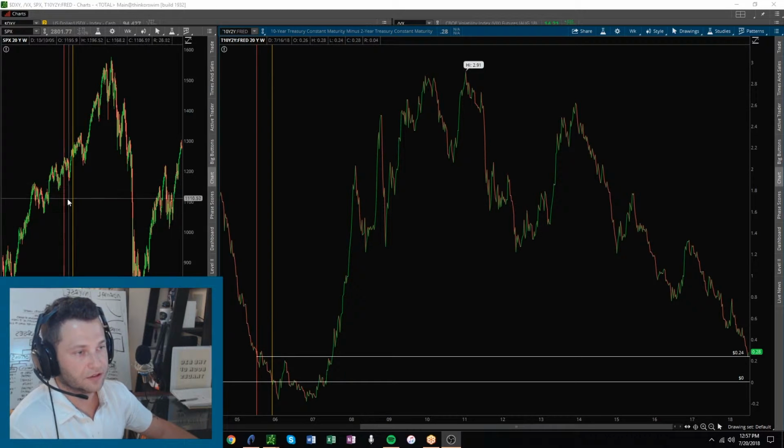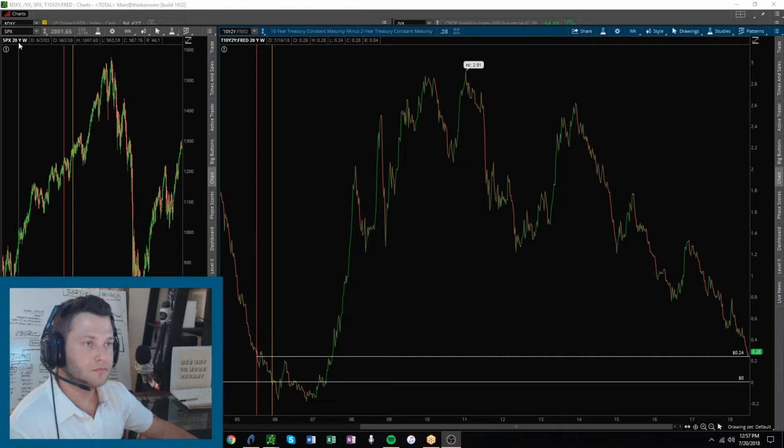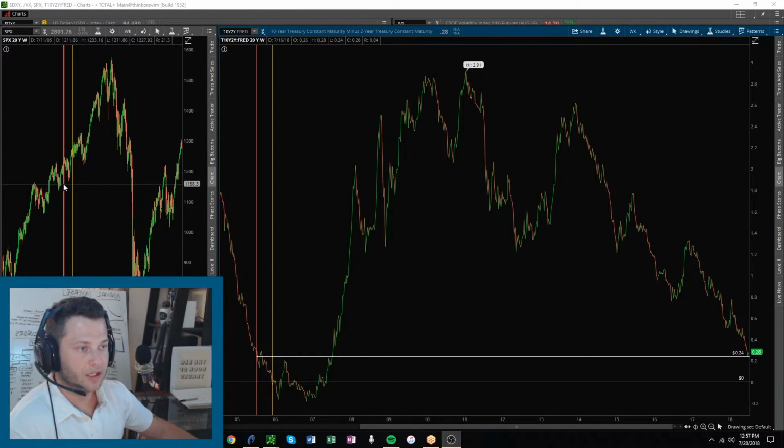So if you look to the left over here, we have SPX, which is the S&P 500. We have a 20-year weekly chart, and we're looking at those same red and yellow lines back in time. You can see that initially the market had a pullback as the yield curve was coming down. We had a nice little pullback, rallied up, took out new highs, and then made further new highs.